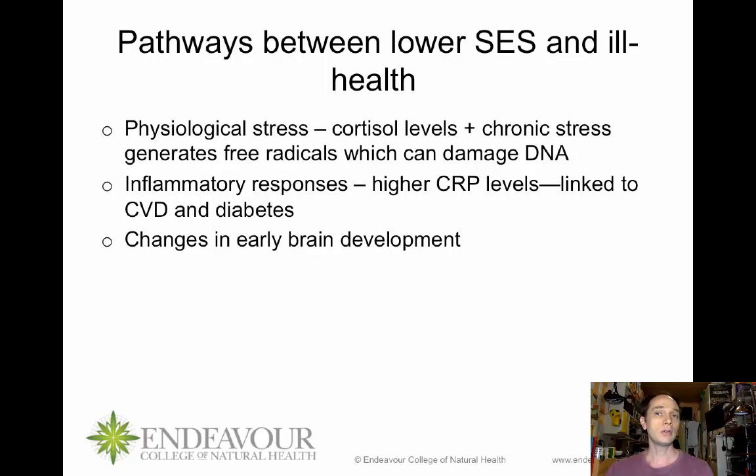Psychological stress is also something which tends to increase in lower socioeconomic groups. So people who have rent stress, they have bill shock, when they get a phone bill or an electricity bill after a really cold winter or a hot summer, and suddenly they've got $1,000 of a bill to pay.